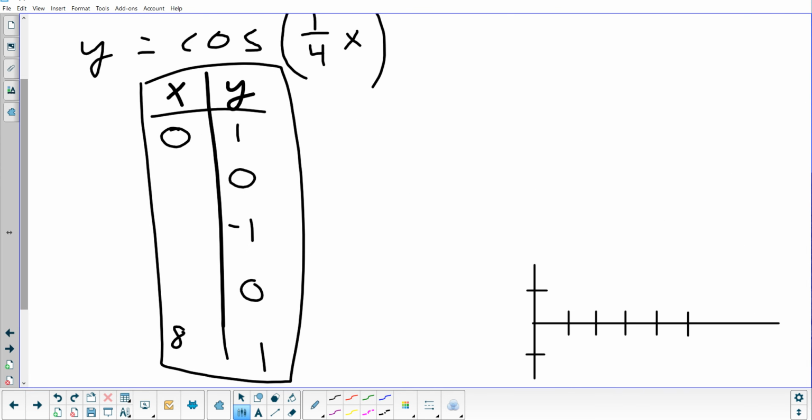And now, we need the third point, which is halfway between. What's exactly halfway between 0 pi and 8 pi? 4 pi. And now I need what's exactly halfway between again? 2 pi. And I need halfway between again? 6 pi. Because there's no fractions this time, I think the pattern is very easy to see: 2, 4, 6, 8.